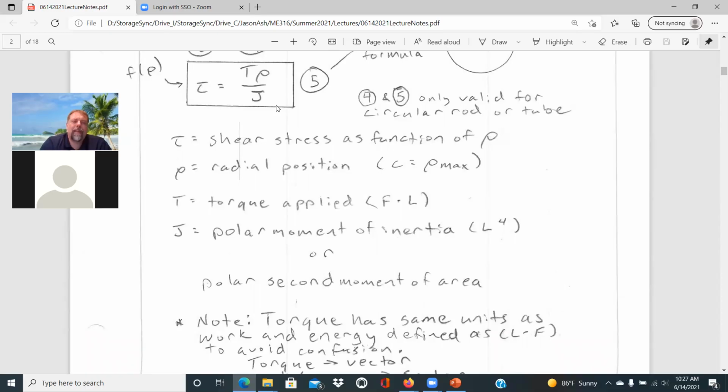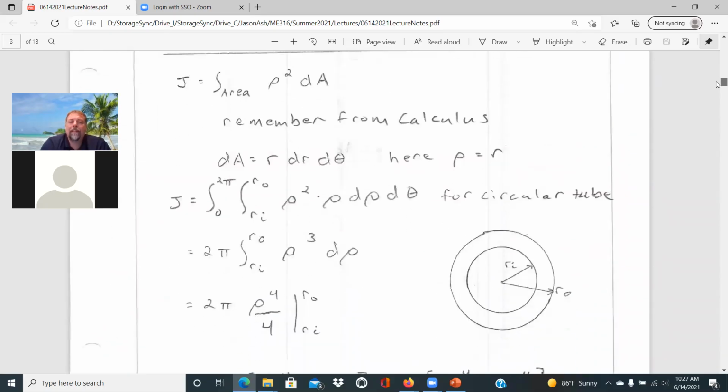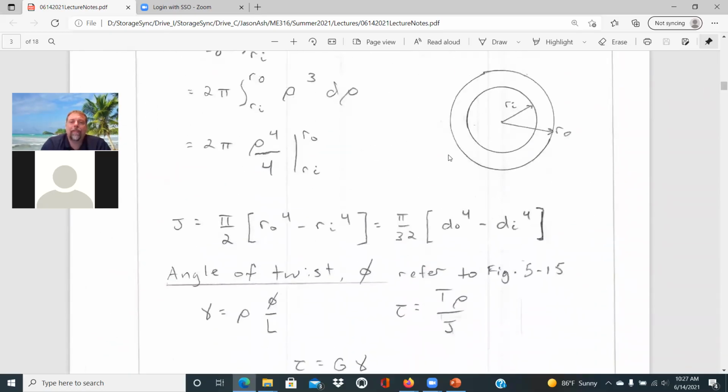And so that might be a first thought: well, shoot, we want low shear stresses, so let's just make this into a really big tube. The problem that comes up is that there's an elastic stability issue that can cause the tube to buckle under torsion.